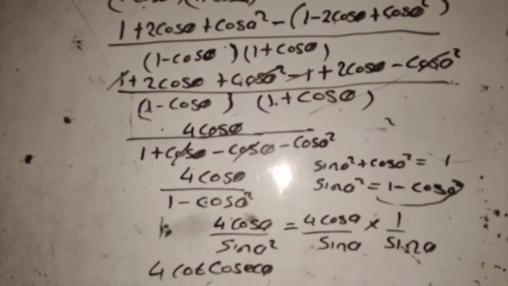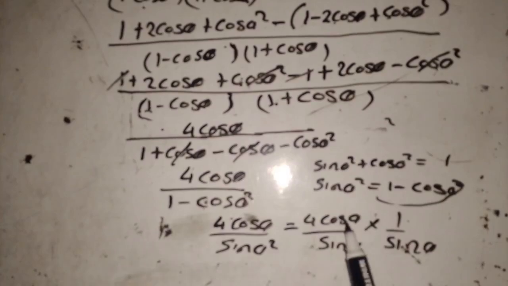Here you know that cos theta over sin theta is cot. So here we have 4 cot. I showed this in the previous lesson, in case you missed it, you can revise through it. Multiplied by 1 over sin theta, which is cosec. We even said so during the first question.